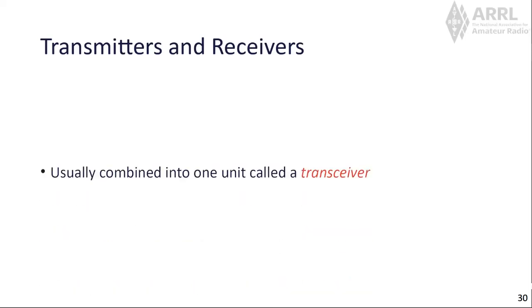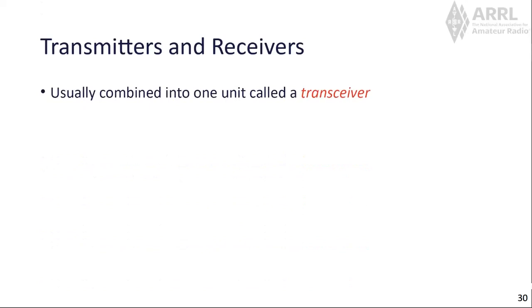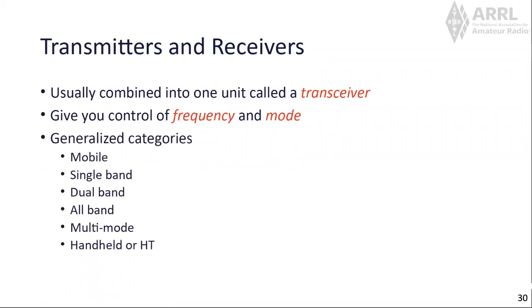Okay, transmitters and receivers. Usually all in one box called a transceiver. Gives you control of the frequency and mode. Then we have some very generalized categories. And remember some of these words.